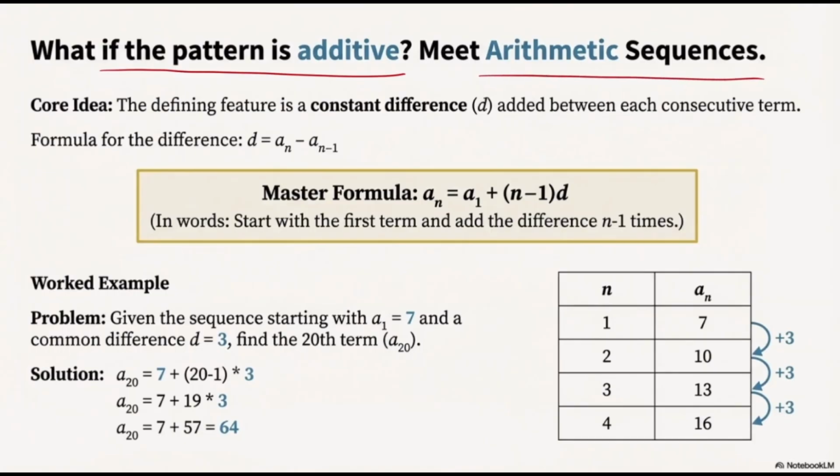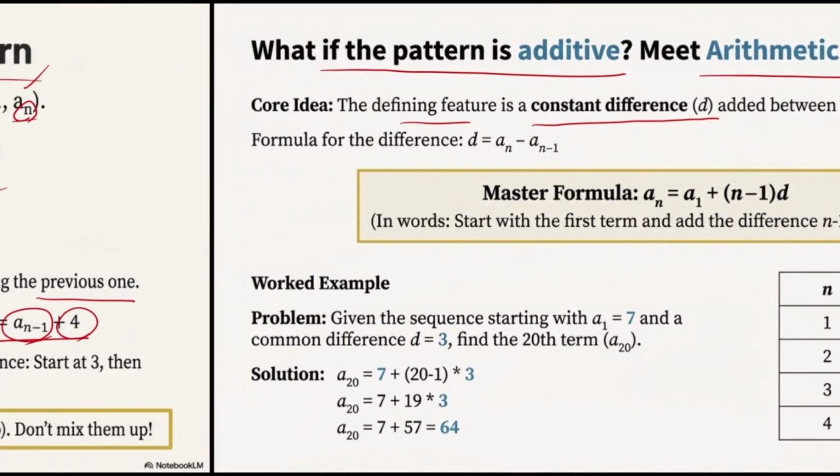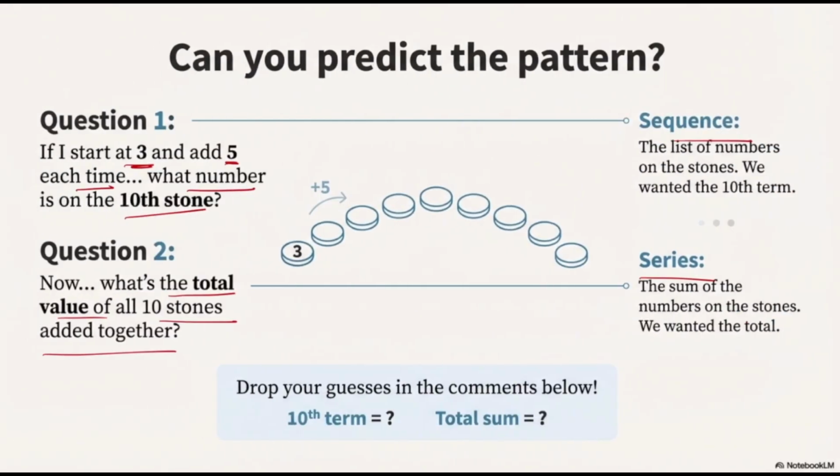So here's the idea. The defining feature is a constant difference. As we just saw in our very first example, we start with the first or beginning number, then we add a number that stays constant at a time. 3 plus 5 is 8, plus 5 is 13, plus 5 is going to be 18, and so on.